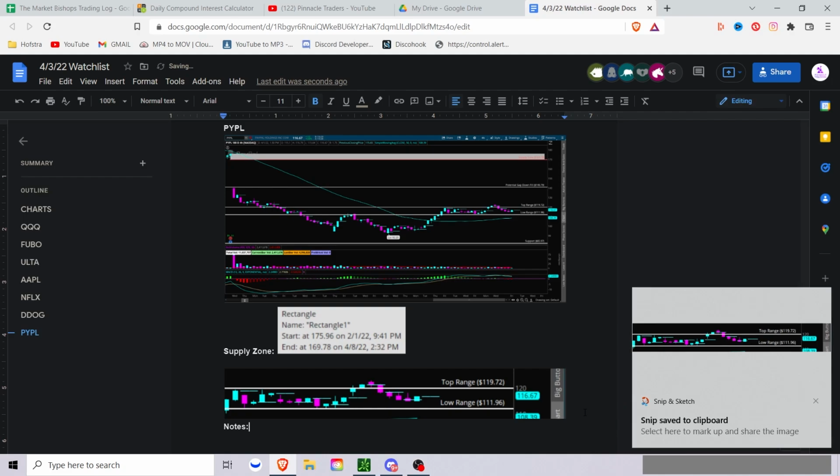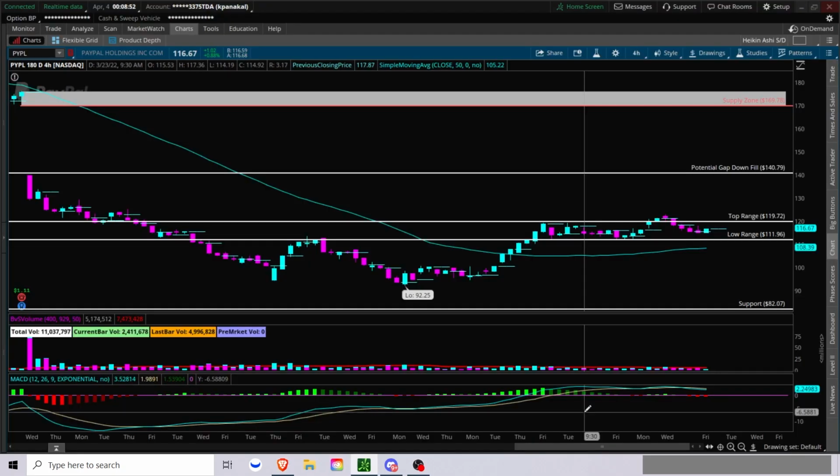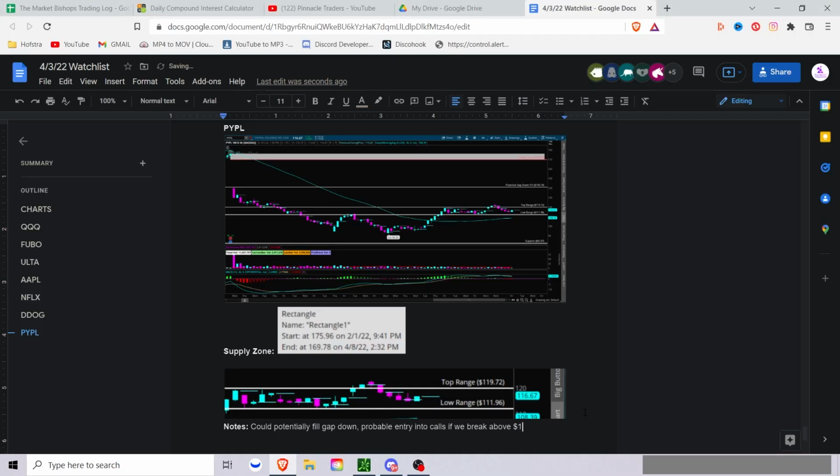Now let's put in notes. Could potentially fill gap down. Probable entry into calls if we break above, what was it, 119.72.